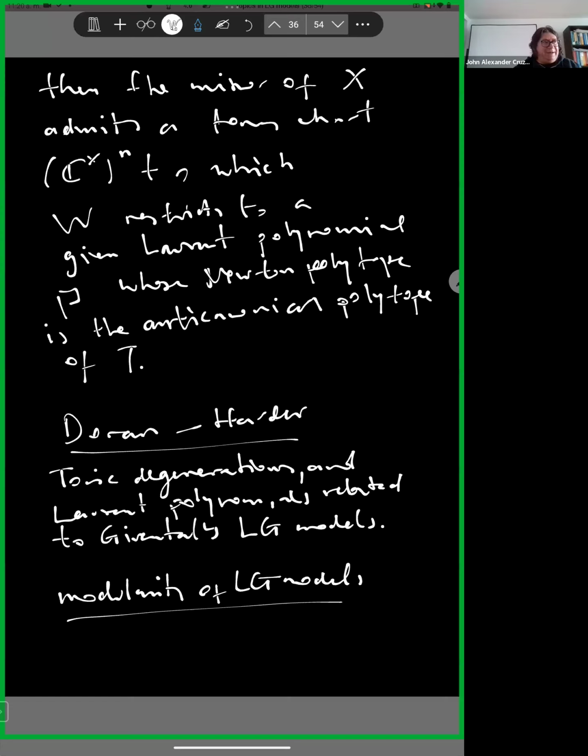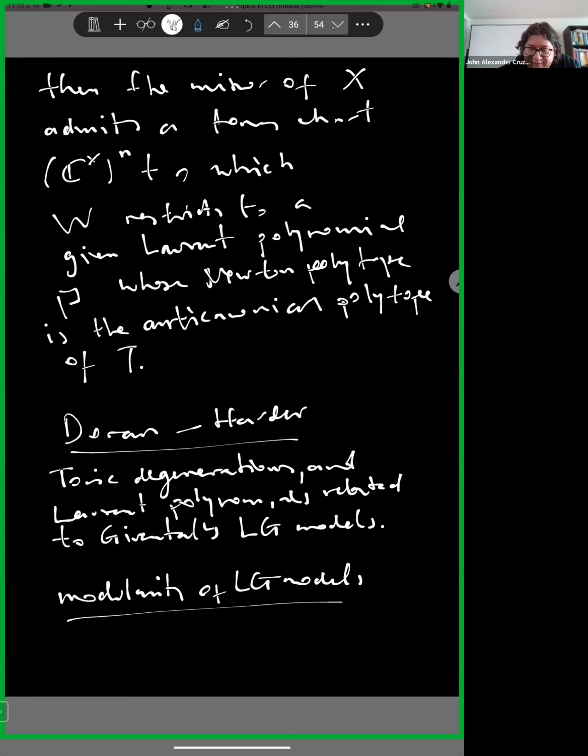So this means that if you have a Fano manifold and a Laurent polynomial, you mutate the Laurent polynomial. Using this picture, you have the original Fano, and a toric degeneration, so you have a toric variety associated to this Laurent polynomial. So you have a toric variety associated to the mutation, right?